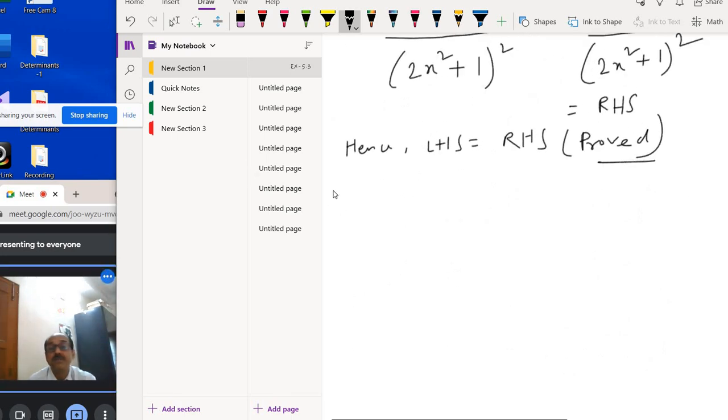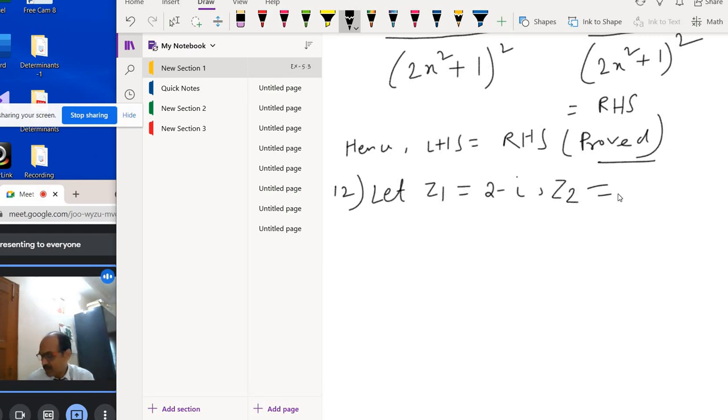Okay, let z1 equal to 2 minus i and z2 equal to minus 2 plus i. Find real of z1 z2 divided by z1 bar.